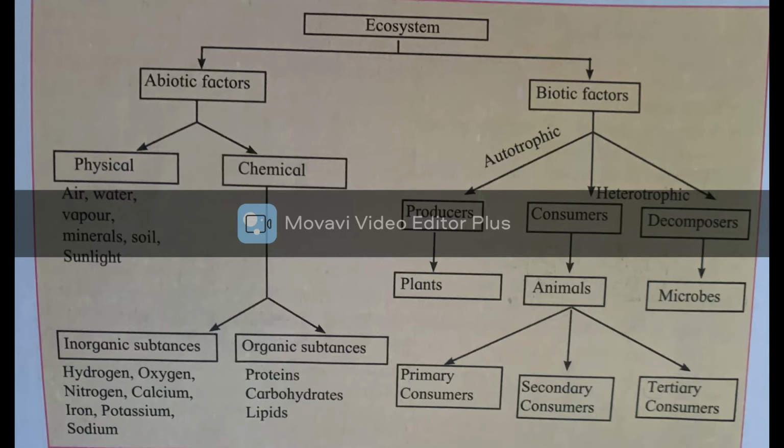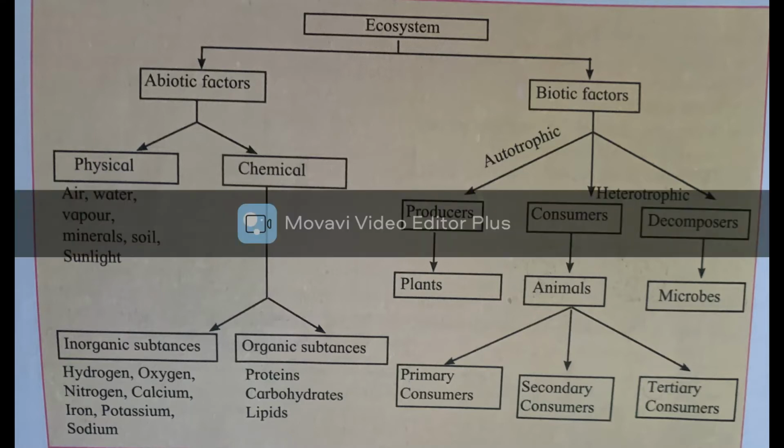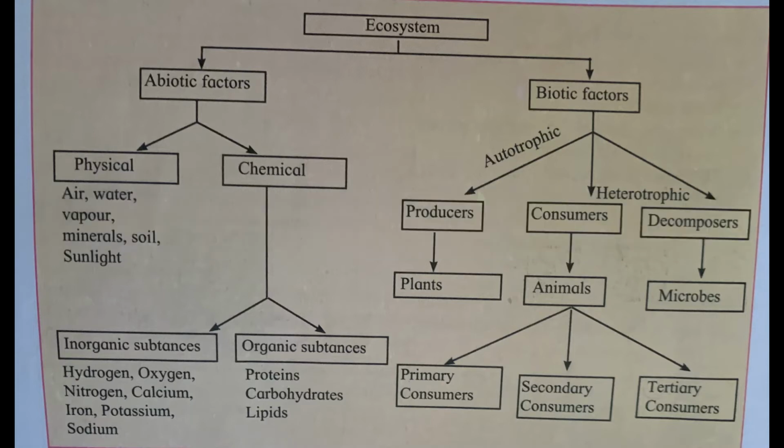Now in biotic factors, there are two parts, autotrophs and heterotrophs. What is autotroph? Autotrophs are organisms that make their own food. They are called producers and they are plants.